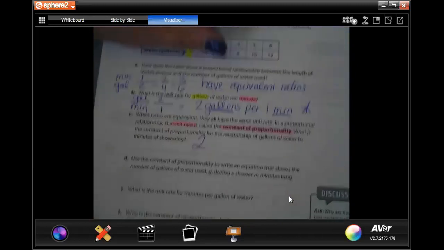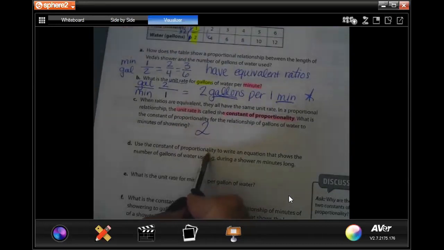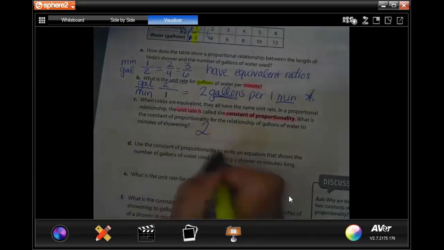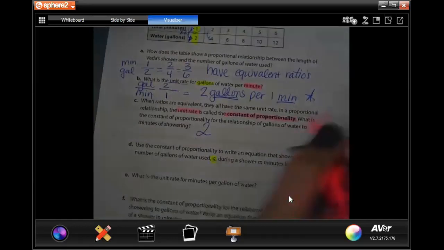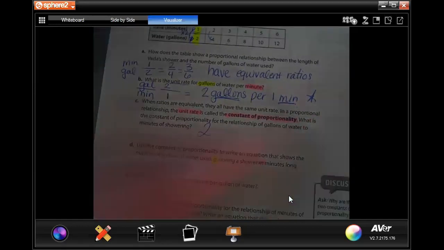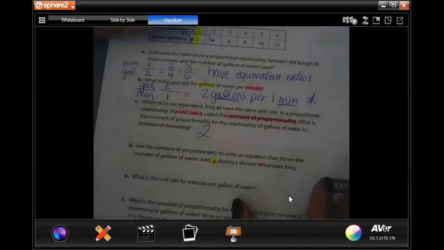So now we're going to use the constant of proportionality to write an equation that shows the number of gallons of water, G, during M minutes. Well, look at this. Here's what we found out.